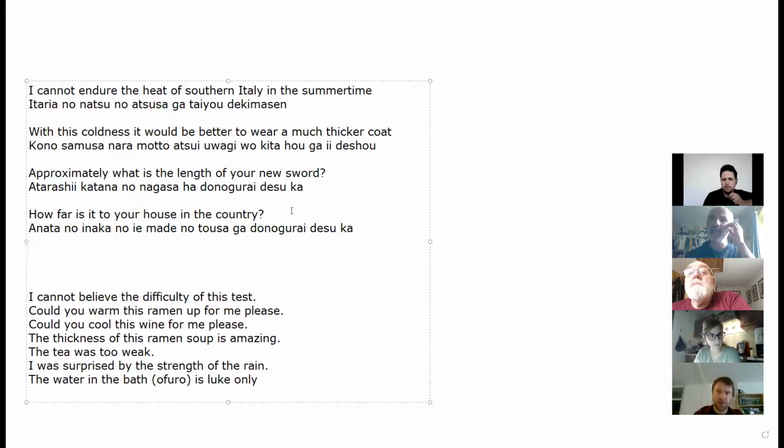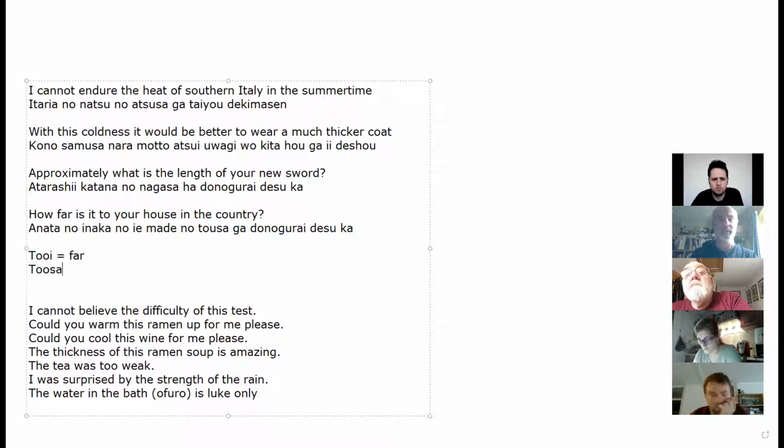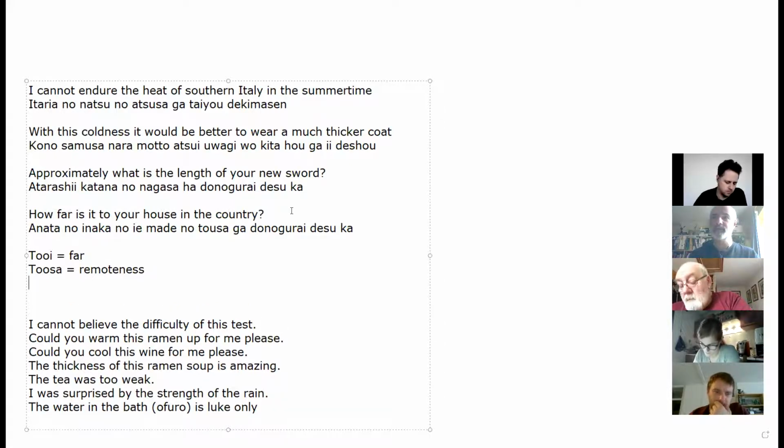So this is one of the examples where if we nominalize the adjective, we end up with something a little bit different to what we expected. So toi means far, but if we nominalize this to tosa, this doesn't mean distance, but remoteness. It's the degree of farness. So instead of tosa, which says how out of the way and difficult to access your house in the country is, we would use the word for distance, which is, do you remember?